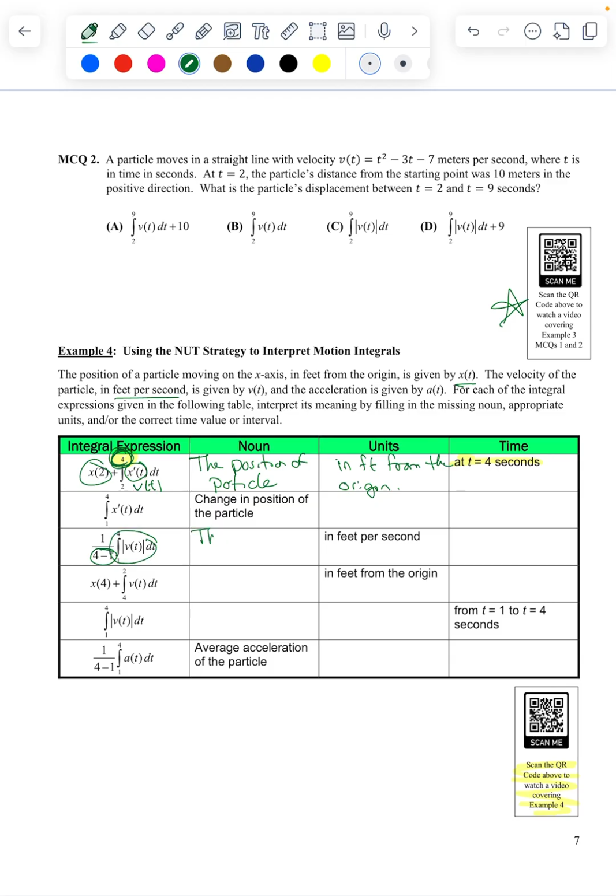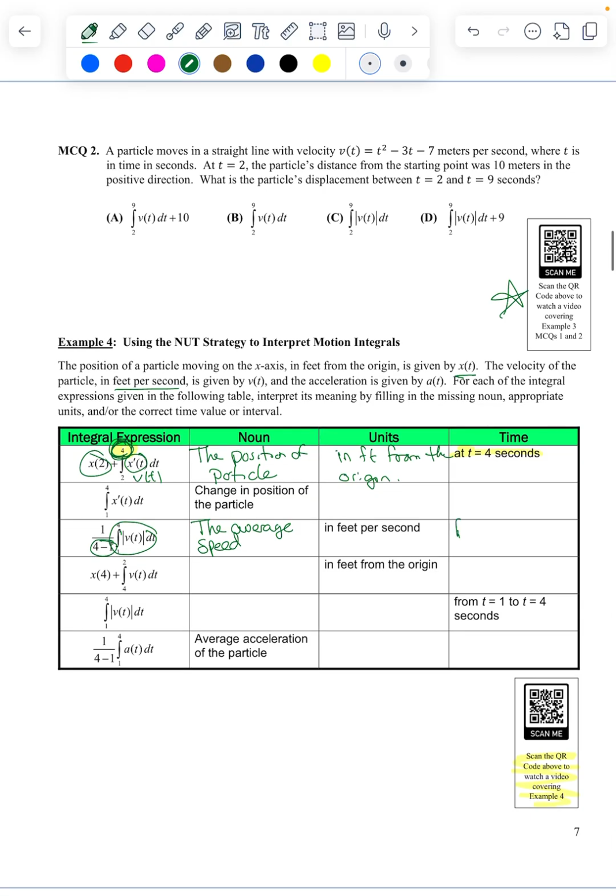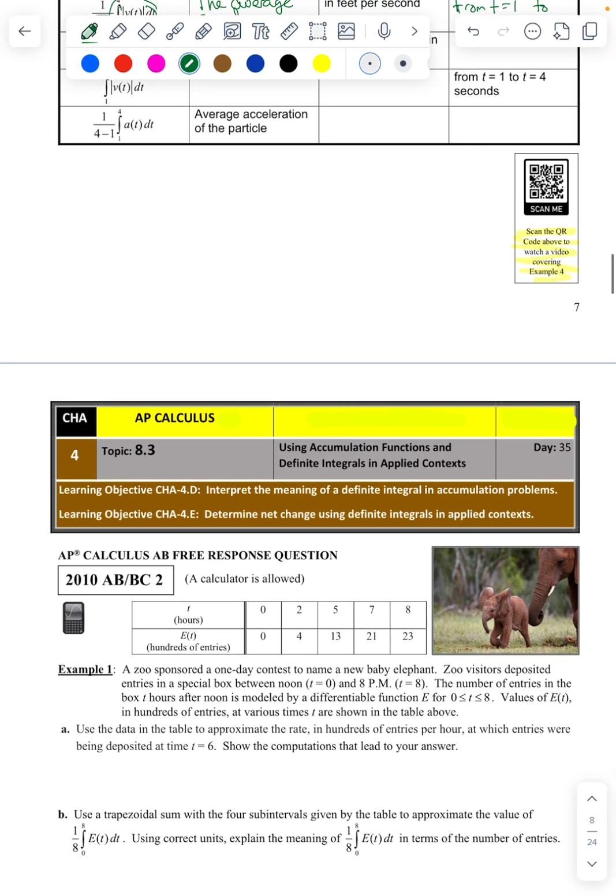It's basically just the average speed. So it's the average of speed in feet per second. And in this case, we're going from t equals 1 to t equals 4. So it's asking what is the average speed for this particle from 1 to 4.